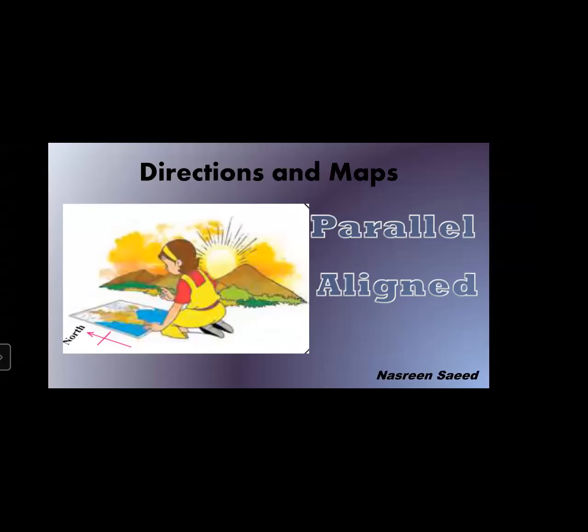The map should be aligned to the local directions. So if we know that on this side the sun is rising, we have to take it that this will be east. We cannot change our map and make it west. That will be wrong. So we have to align it to the local directions. Why do we have to align it? So that it becomes easier for us to understand the map and the region.